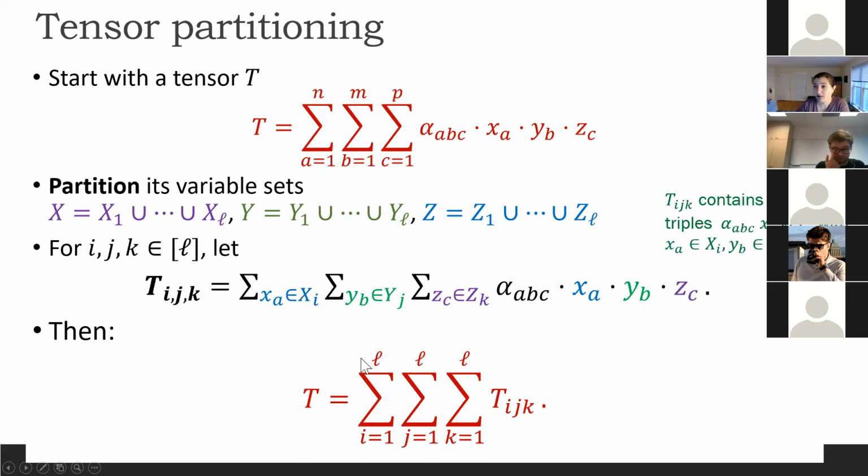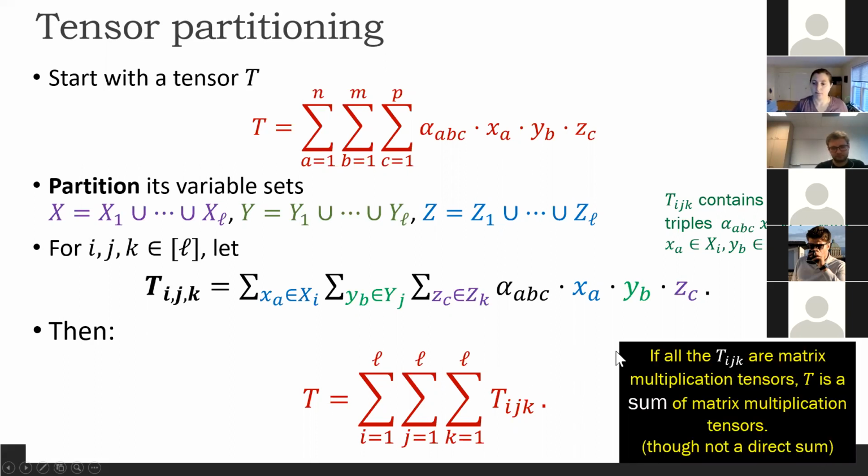All right. This applies to any tensor. You can apply any sort of partitioning of the variables and you'll get this. Why is this interesting? Well, if you happen to pick this partitioning in a nice way, and you can get the t sub ijk's to all be matrix multiplication tensors, then you will get the tensor t that you want as a sum of matrix multiplication tensors.